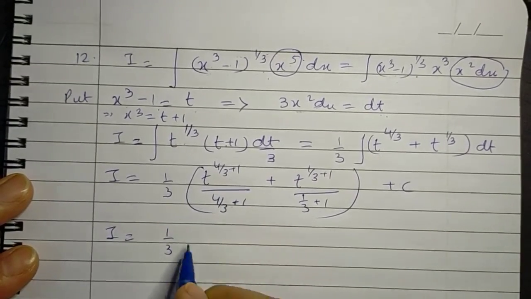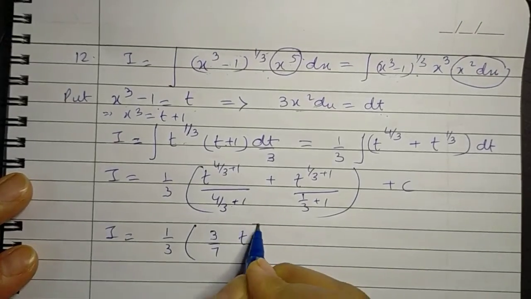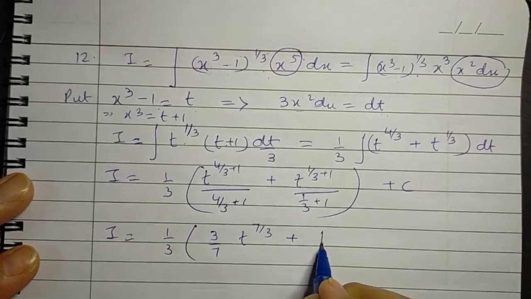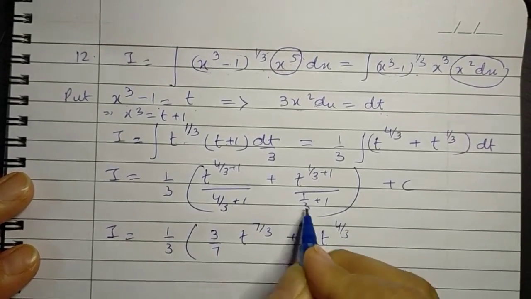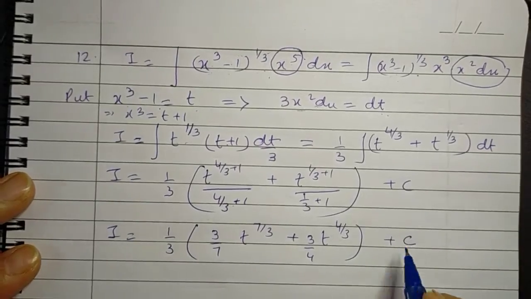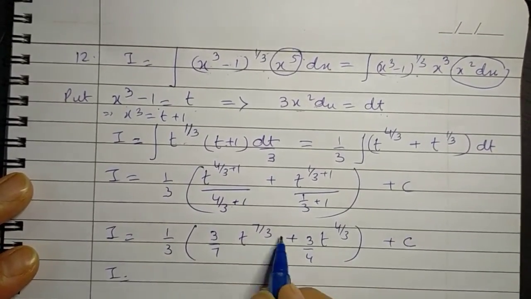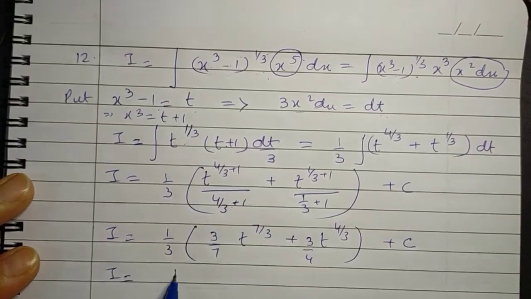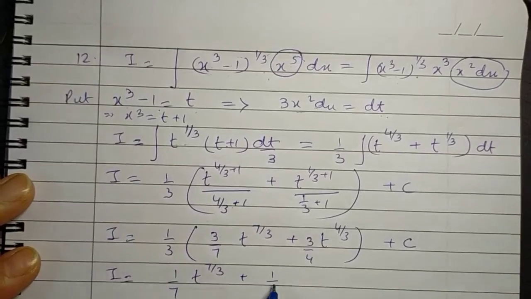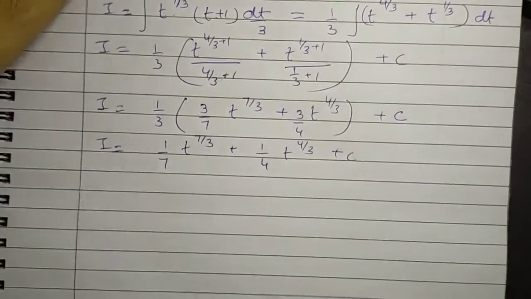So 7 by 3, you have to write the reciprocal, 3 by 7 t raised to the power 7 by 3, plus this becomes 4 by 3. So t raised to the power 4 by 3, and you have to write the reciprocal, so 3 by 4, plus c. Now if you just see, this 3 gets cancelled with both these 3, you get 1 by 7 t raised to the power 7 by 3 plus 1 by 4 t raised to the power 4 by 3 plus a constant.